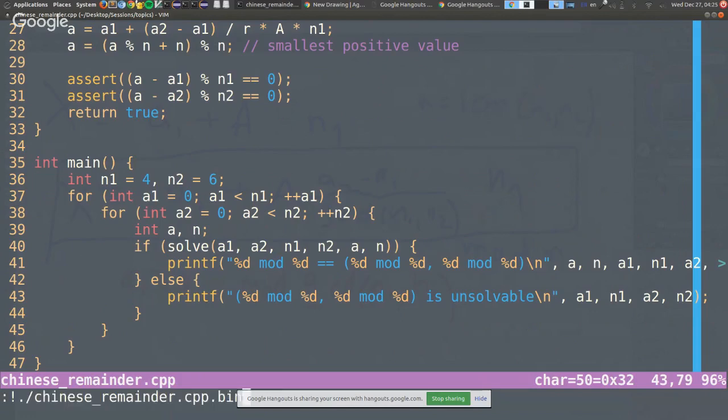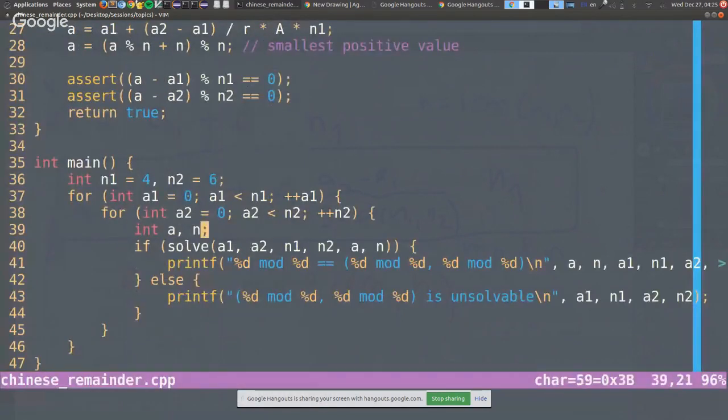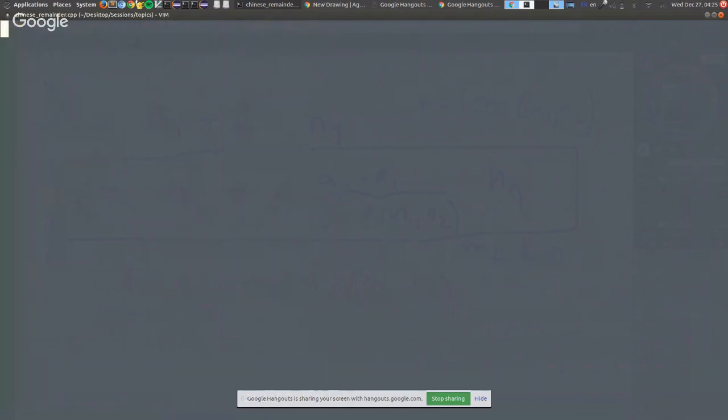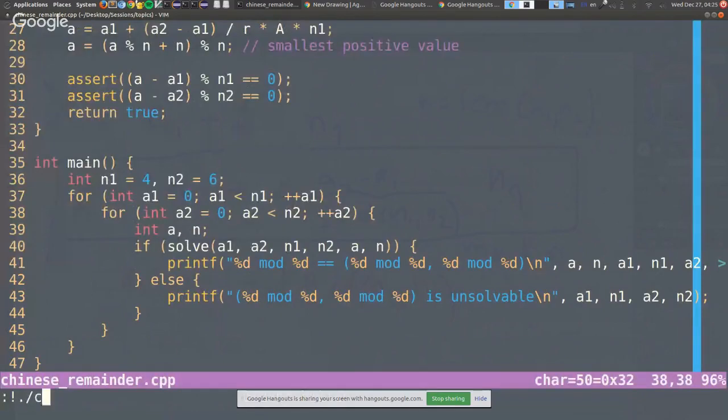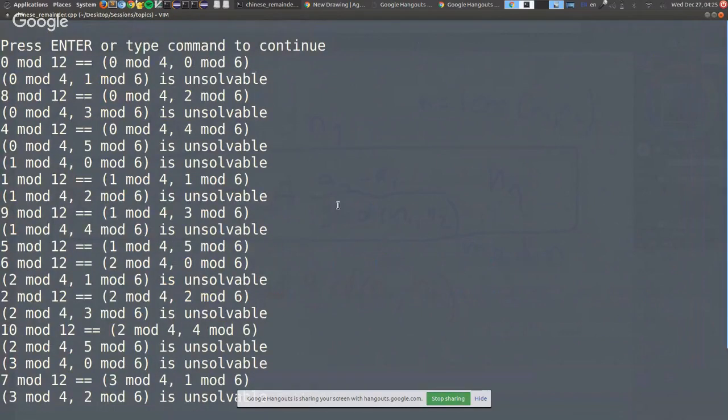Five compiles. So we have a bug here. Console. Now we run. Yeah, as we can see, Theorem 12 has these numbers, and 8.12 is these, and so on.